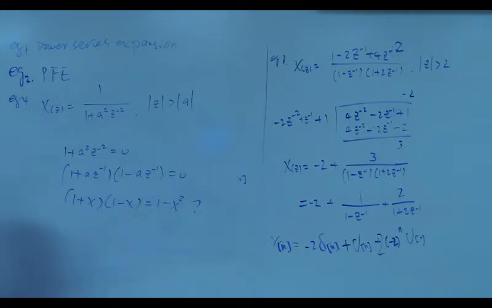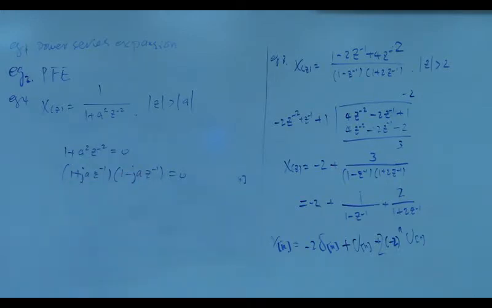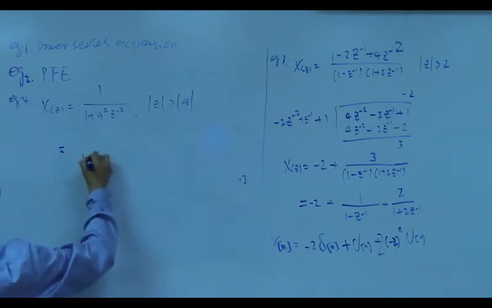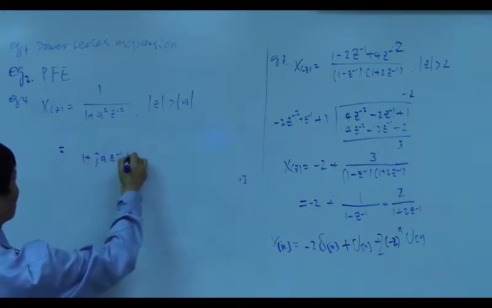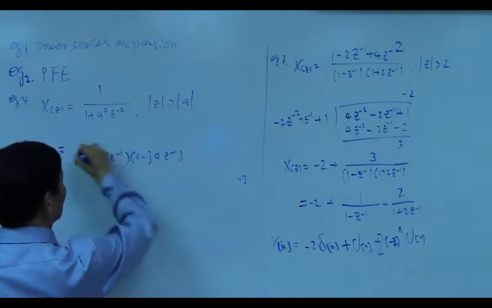Right? So actually, it must be the j before that. There's j before that. Right? So we are dealing with complex numbers. Right, so now we know that. So I'm going to write. So this one will be equal to 1 plus j a z to the negative 1 times 1 minus j a z to the negative 1 here, and on the top of this.